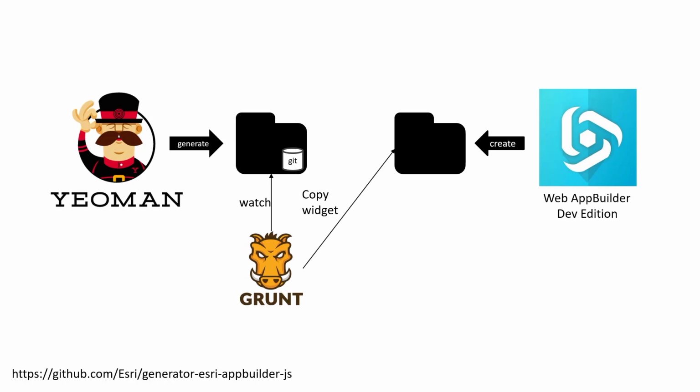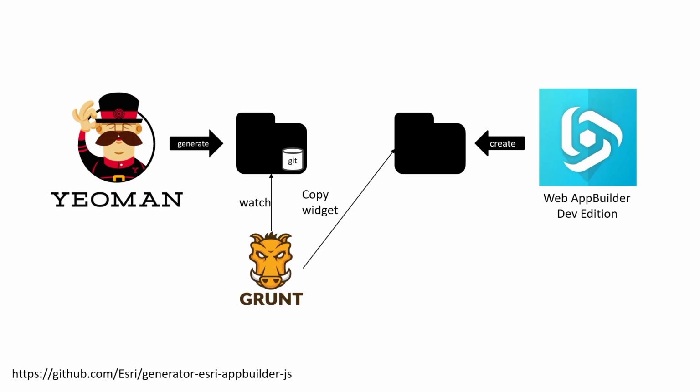It scaffolds out everything, puts in testing, and steps you through configuring what web app builder application it should be copied to while you're coding, and gives you the ability to both test the widget and develop it as you go. Into that project, you could also put web app builder configuration, etc., so that you have your web app builder code separated from the core of web app builder.